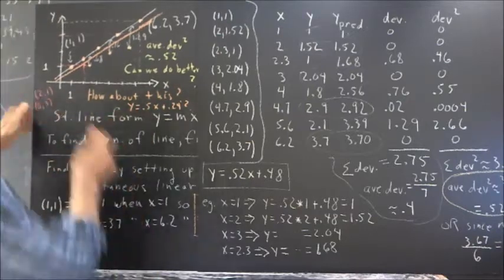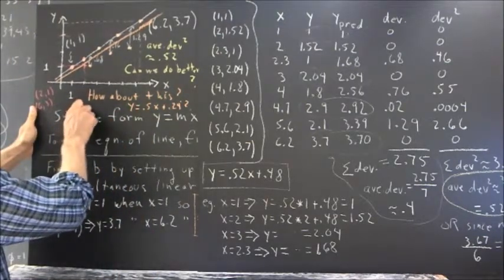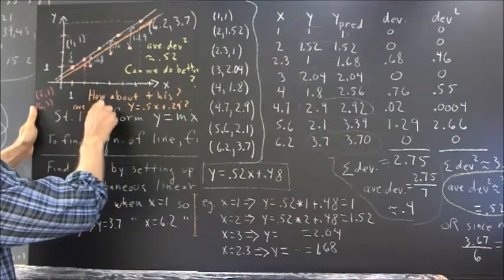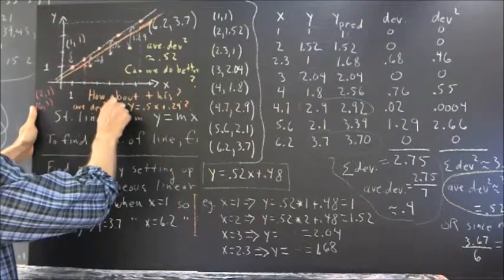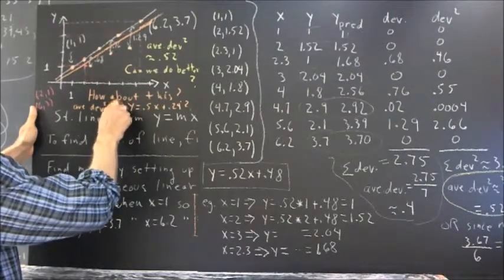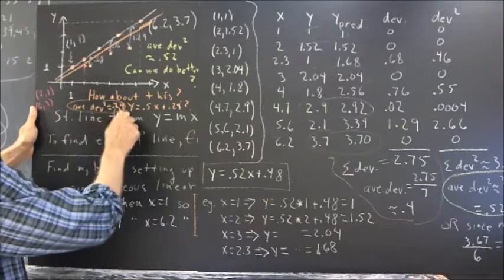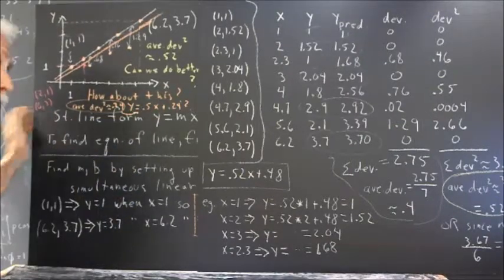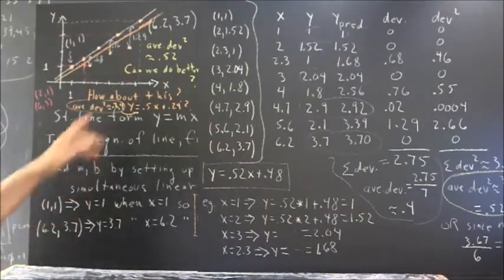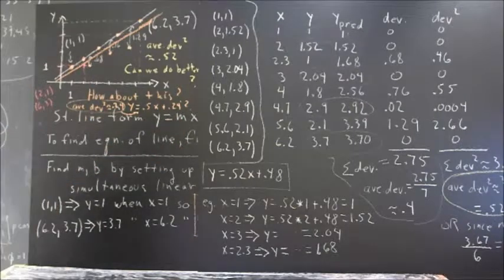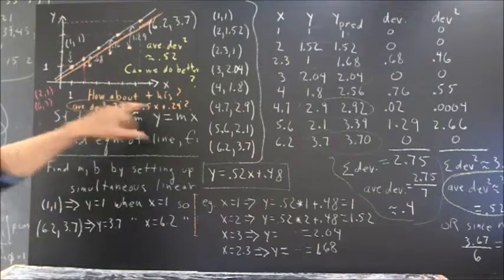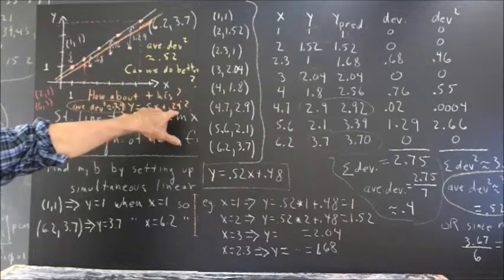So here, the average squared deviation is approximately 0.24 for this model. See if you can improve on that. And the 0.24 here is just coincidentally the same as the 0.24 here.